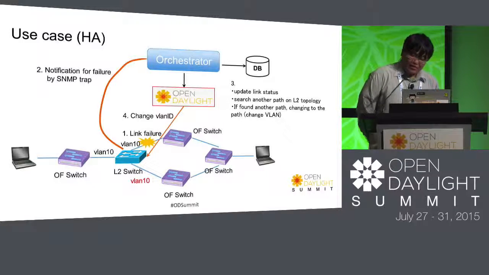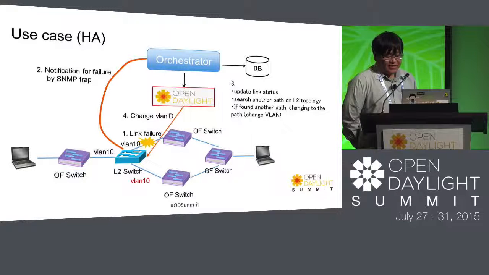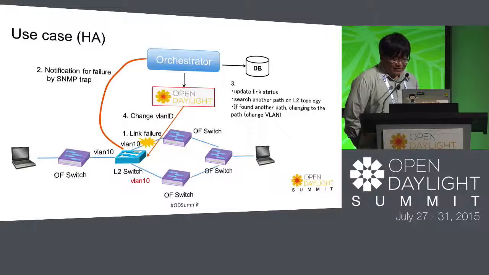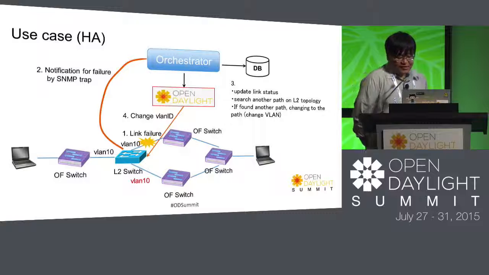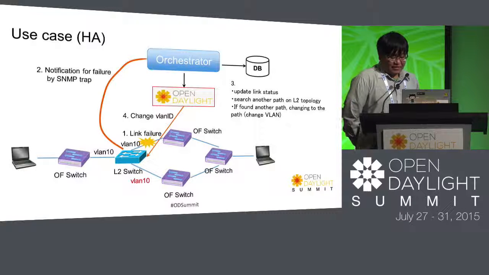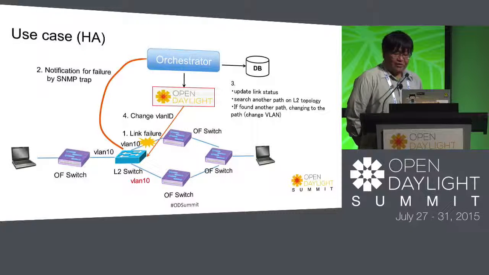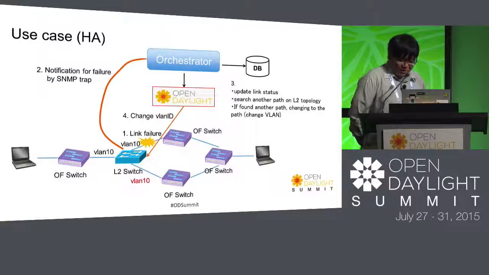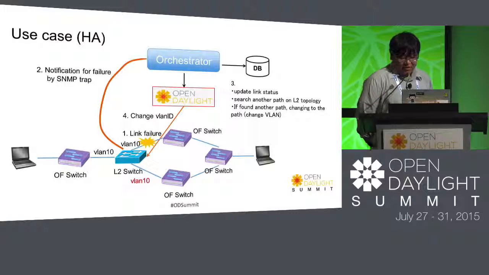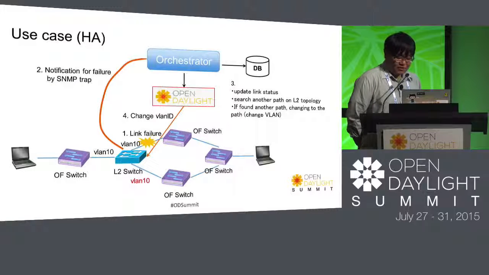If it finds another path, it sends a request to SM4 SDN to change the path. SM4 SDN changes the VLAN of the L2 switch by using SNMP. Then the OpenDaylight controller updates the OpenFlow topology and updates the flow table in the OpenFlow switch by VTN.